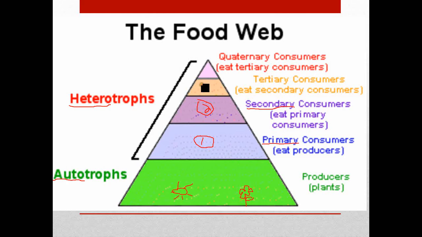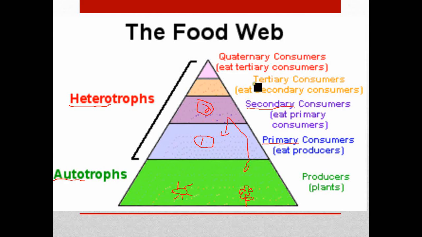It doesn't mean you only eat what's directly below you. Secondary consumers can eat both primary consumers and producers. You can eat anything that's below you.